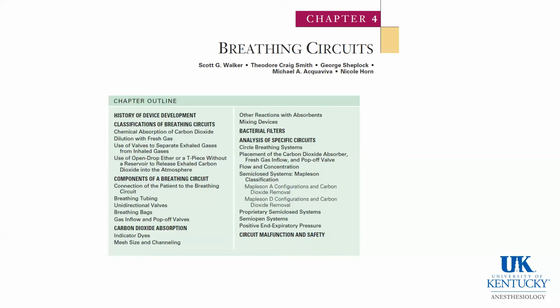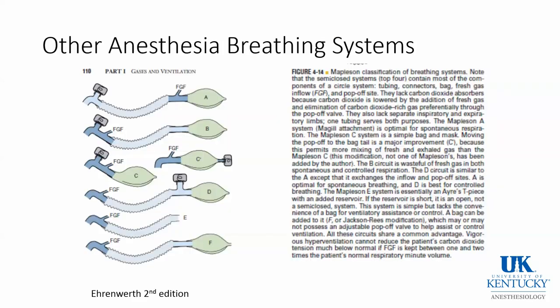The other systems I'm going to briefly review are classified largely as the Mapleson classification of breathing systems, and this figure shows the 5 or 6 or 7 variants of where fresh gas flow and the pop-off valve, etc., may be located in a semi-closed or rebreathing system.